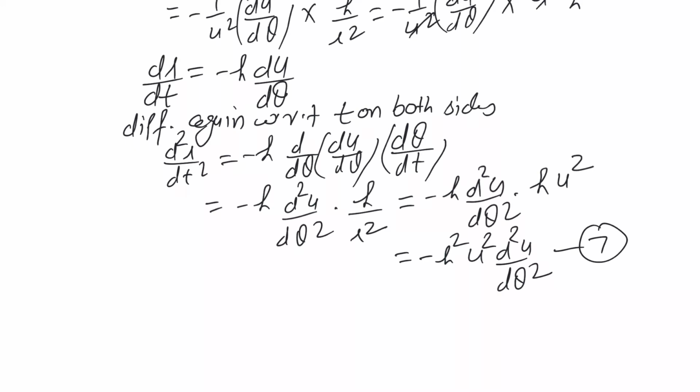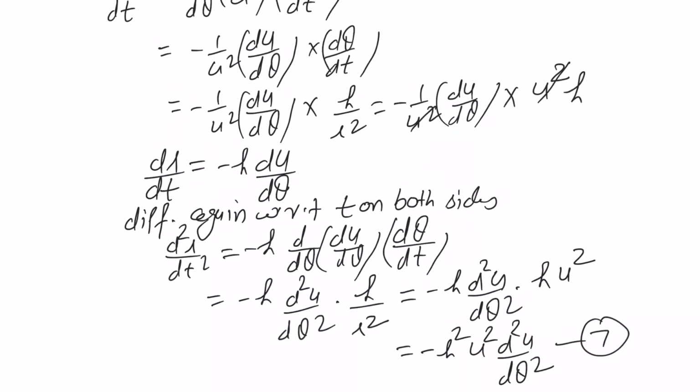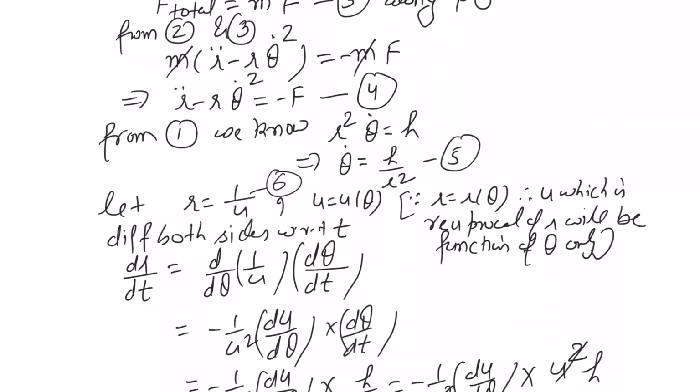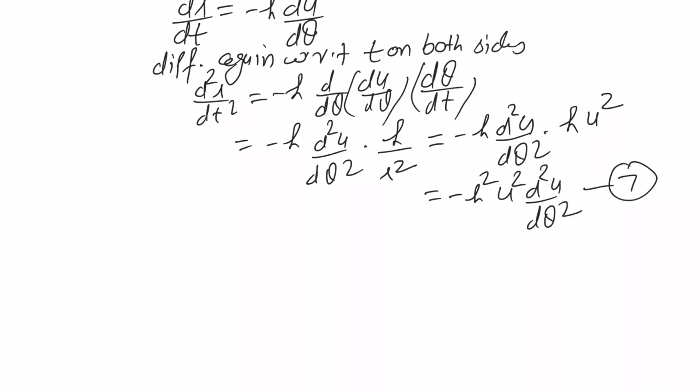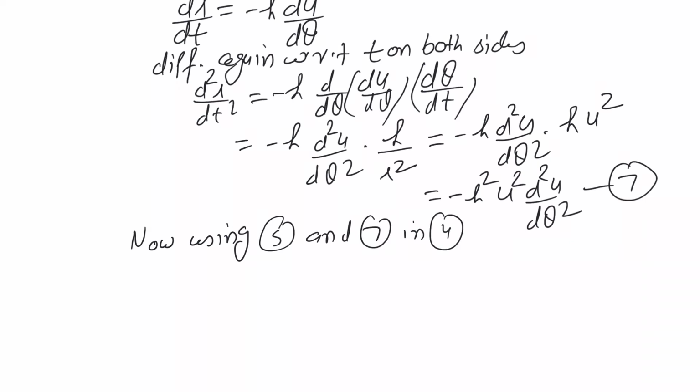Now using equation 5 and 7 in equation number 4, firstly we will write the value of r double dot, which is minus h square u square d square u by d theta square minus r theta dot square.